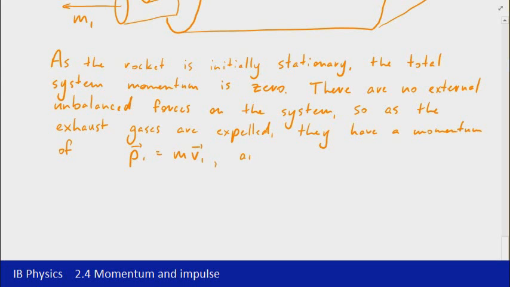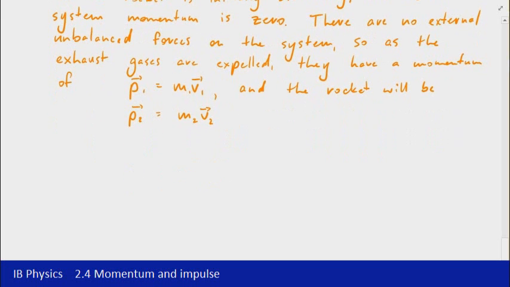The momentum of the rocket will be given by P2, which is m2 times v2. But considering that the rocket was initially stationary, we can say that the initial momentum is equal to m1 v1 plus m2 v2.